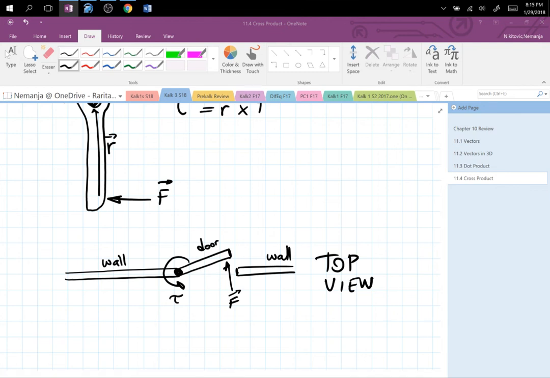It's the top view of the door and the wall. And there you have it. So now, if I give you that the force is 20 newtons and the door is 4 feet, right? You just plug those in a cross product and you're done. So it's fairly simple. The amount of torque is going to be the magnitude of the vector that you get, right? And those kind of things.